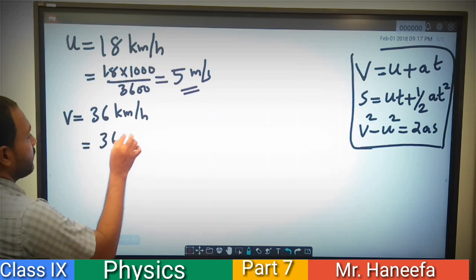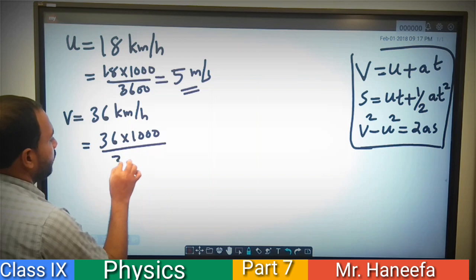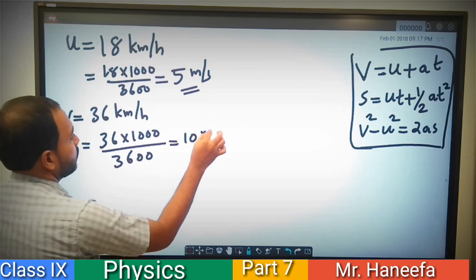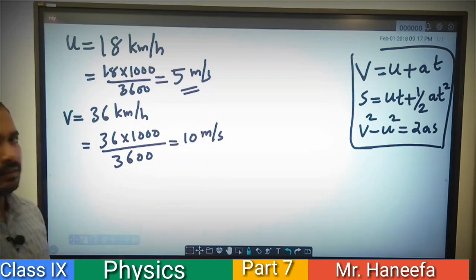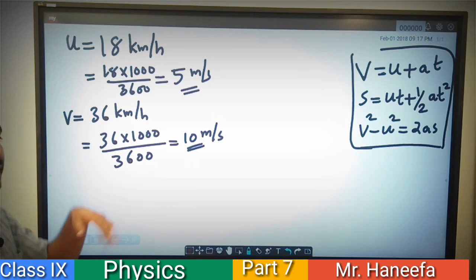Here 36 into 1000 divided by 3600, this is equal to 10 meter per second. So initial velocity u is 5, v is 10.